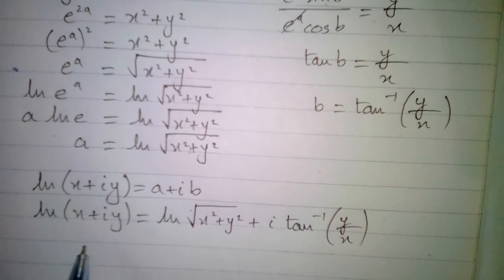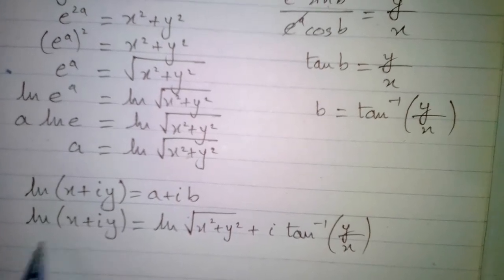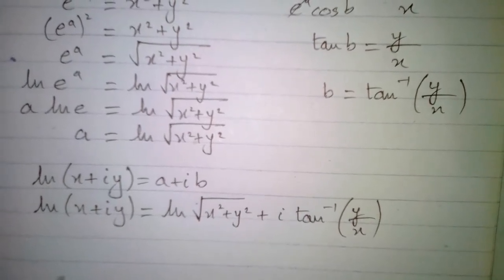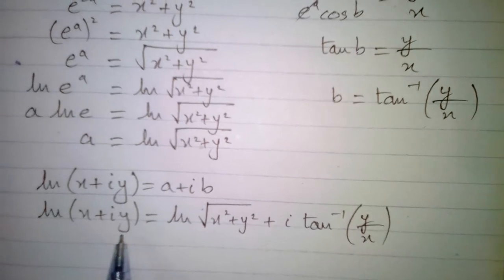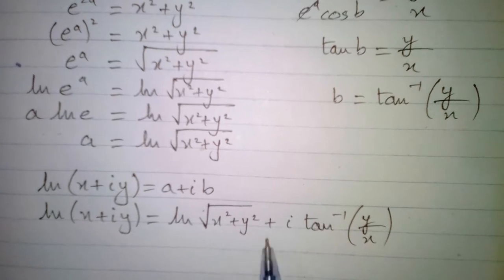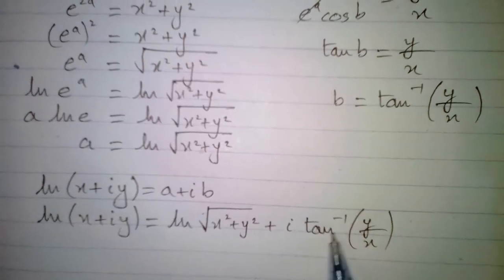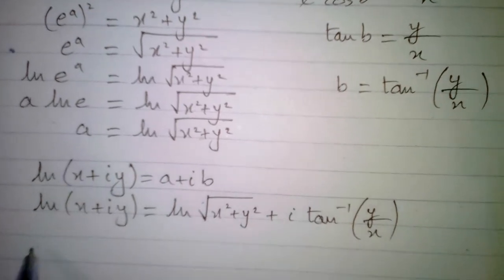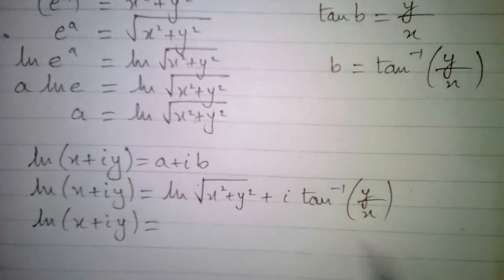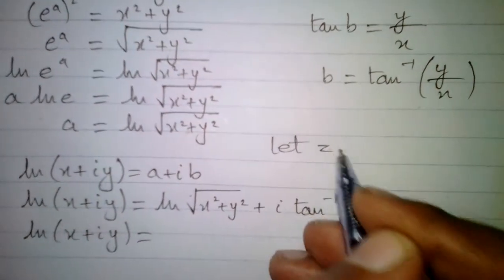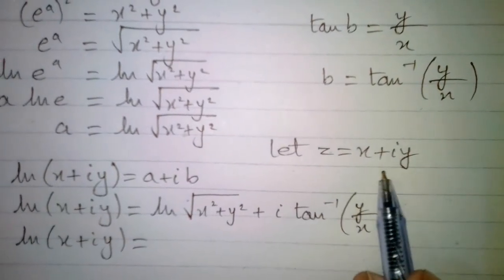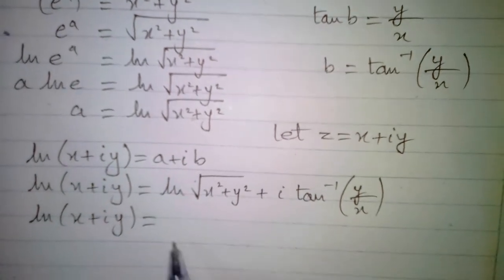So when we take the log of a complex number, the result can be expressed in this form. The natural log of a complex number x plus iota y is equal to the natural log of the square root of x square plus y square plus iota tan inverse of y upon x. And we know that if we let z is equal to x plus iota y, then the modulus of x plus iota y is equal to the square root of x square plus y square.